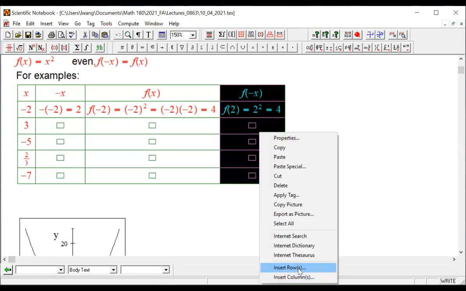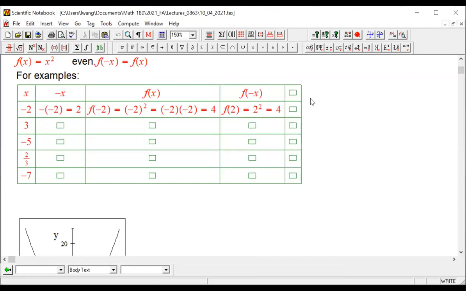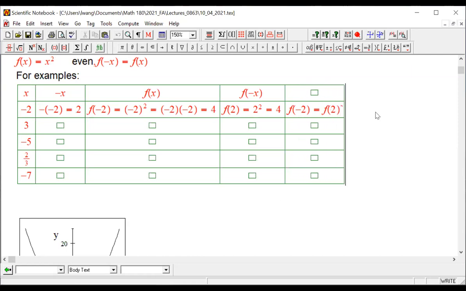Last, I also want you to write these in mathematical notation. F of -2 is the same as f of 2. You not only need to understand these notations, you need to be able to write them correctly.